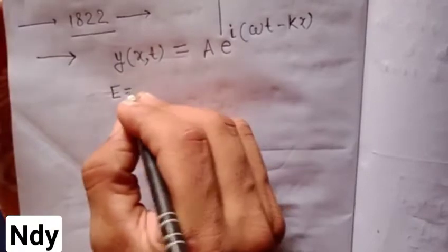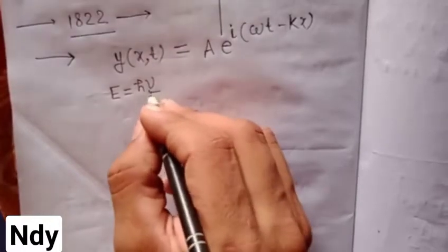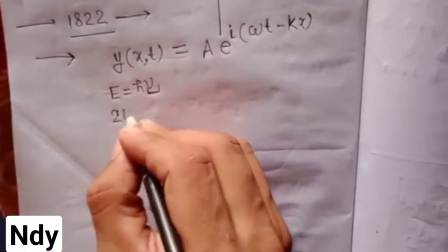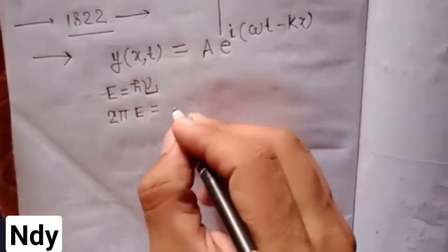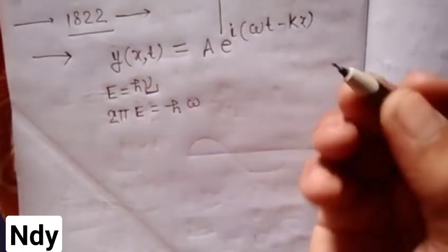or you can say anything, is not conserved, it means it's quantized, is h times nu. So we can write this, and nu is the frequency of oscillations, and we can write 2 pi nu is equal to omega.